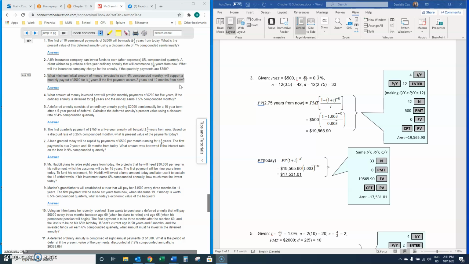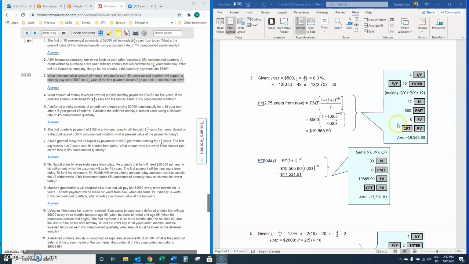So if the payment occurs in 2 years and 10 months, at the beginning of that monthly period, that is when that period begins. So that would mean the period begins at the beginning of the 10 months, which is the same as the end of the 9 months. So that is the part you got to wrap your head around for this chapter.